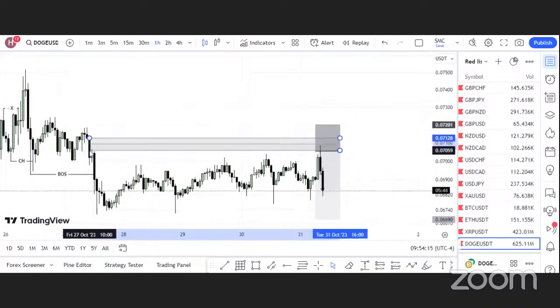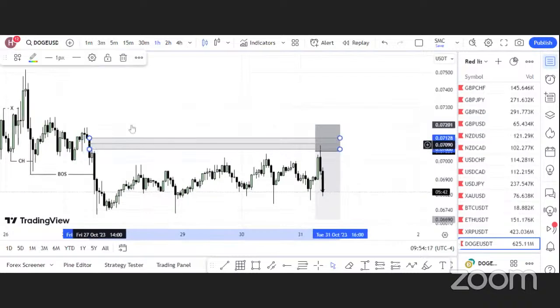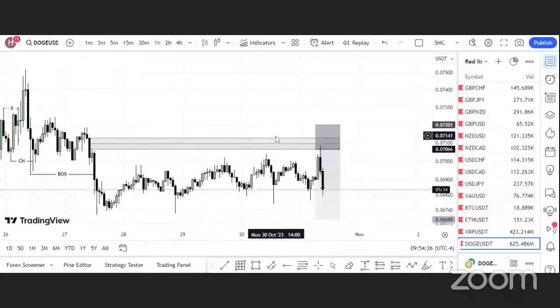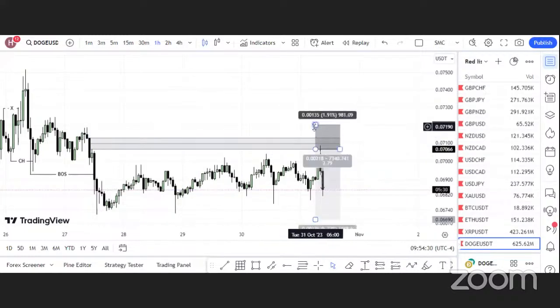So you see, the market came into the order block, into the fair value gap rather, and the market started making a move to the downside. So it's a good trade overall, and it's giving good profit right now.